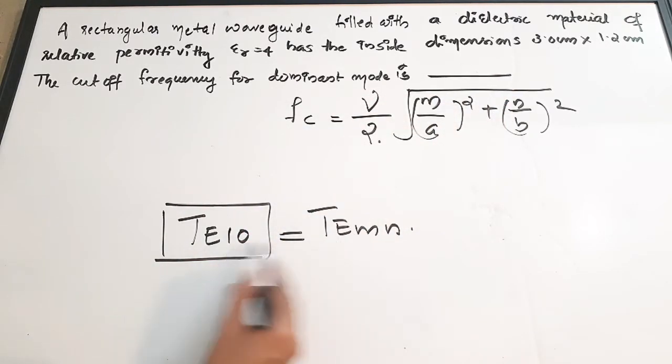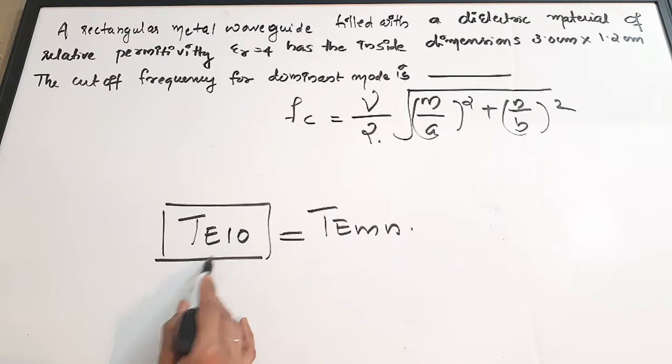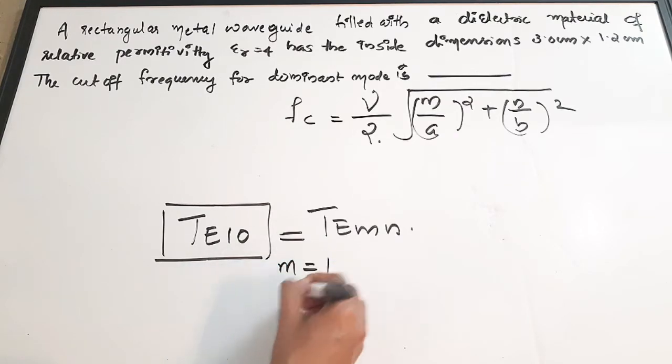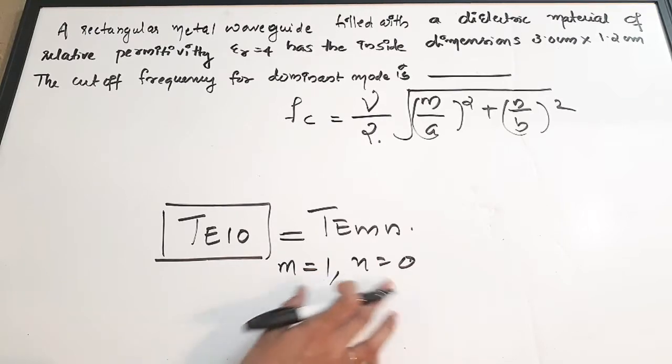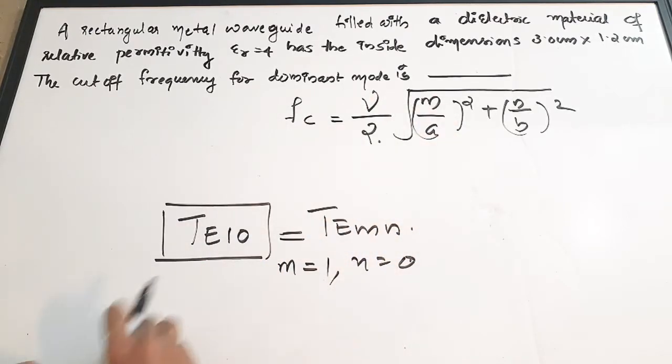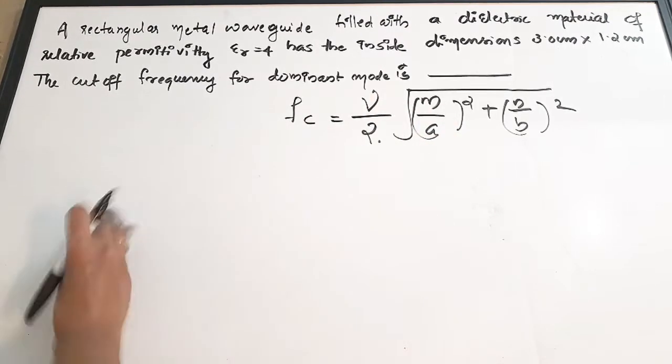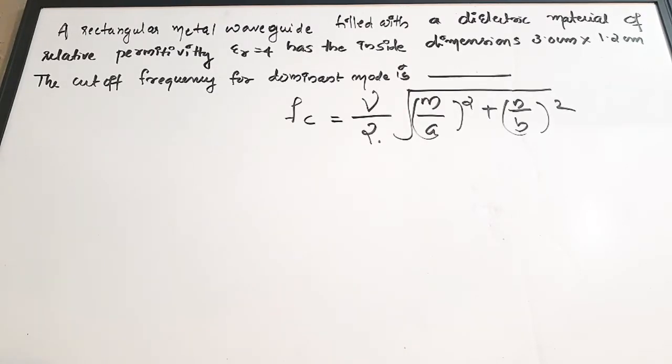Since TEmn is equal to TE10, what is m? m is equal to 1. What is n? n is equal to 0. Now you can substitute the values of m and n here. These are actually the general steps which you have to follow while attempting rectangular waveguide questions.